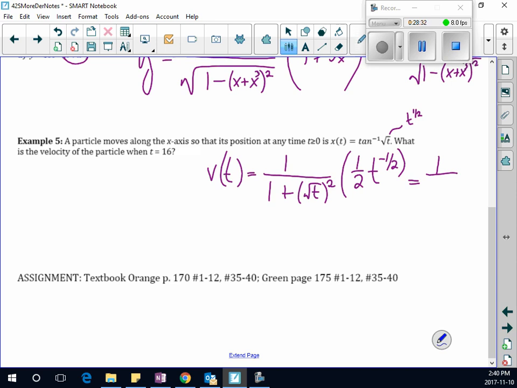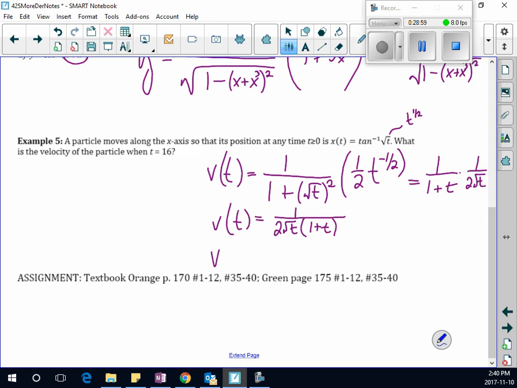Does everybody see the square of the square root is just 1 plus t then? And then this would be times 1 over 2 root t. So the final thing here would be 1 over 2 root t times 1 plus t. But it didn't actually ask you to simplify that, so you didn't necessarily have to.